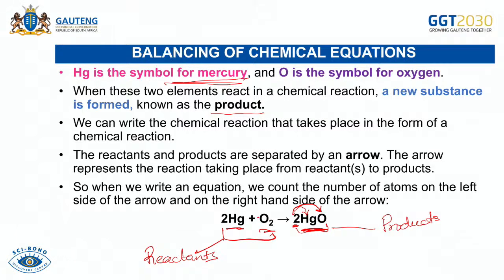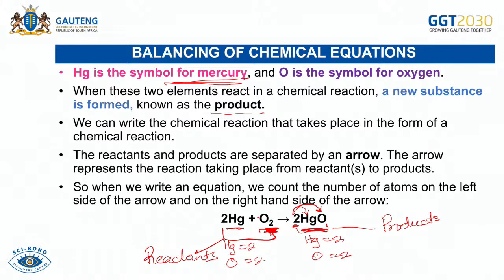So you can break it down and write it in steps: on this side with my mercury I've got 2 atoms, and with oxygen I've got 2 atoms. Here I've got 2 atoms of mercury, oxygen I've got 2. Then my equation is balanced. So it is also important to note that you cannot add a subscript number right at the bottom.